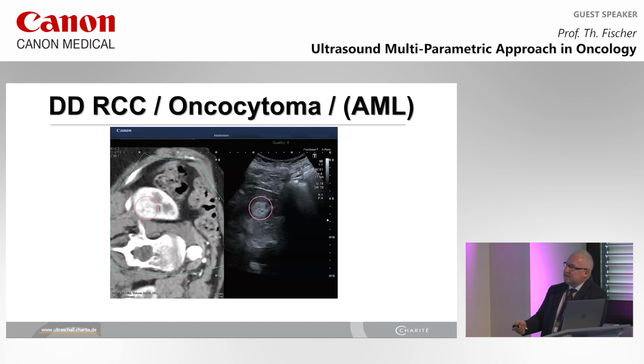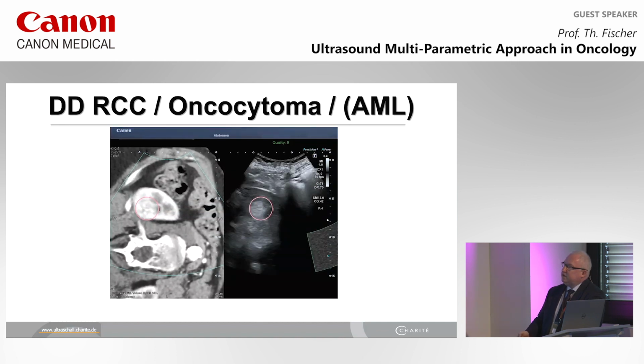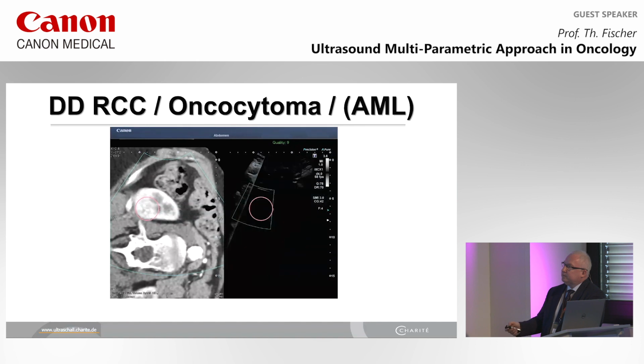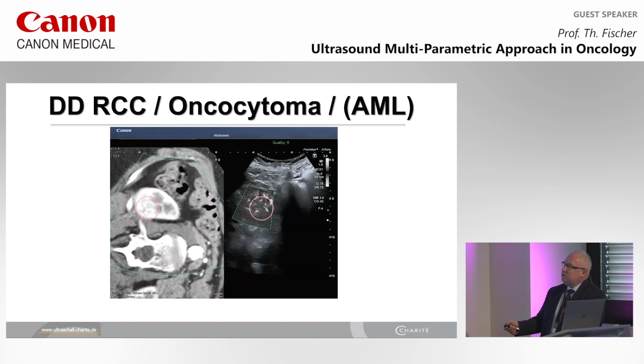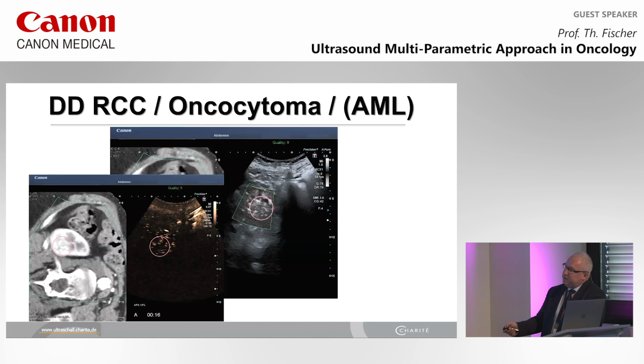Another interesting case from my daily business: the differential diagnosis between a renal cell carcinoma of the clear cell type and an oncocytoma is often very difficult. That's an example of how it works. Once again, image fusion, CT ultrasound. The next key feature is SMI. In the fusion mode, it is highly vascularized, and the next step is contrast inflow.